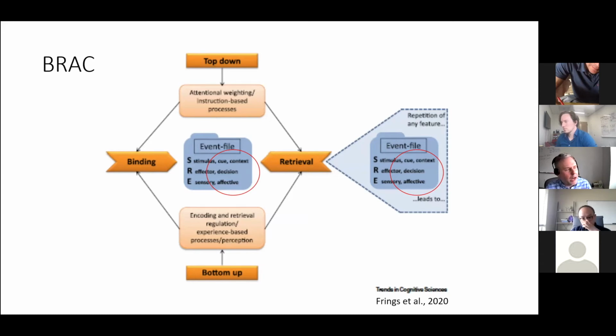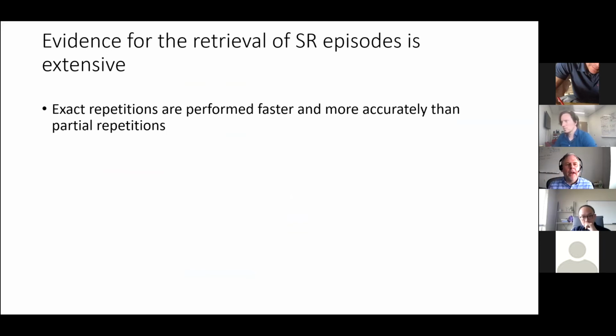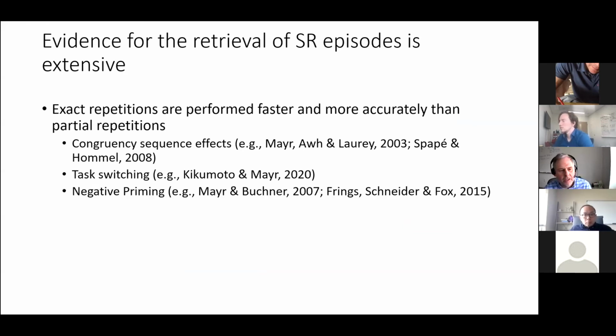And I'm going to be talking about this in regard to a very specific experiment. You can see I'm running short of time, so I'm going to go a little bit quickly, but evidence for the retrieval of specific episodes is extensive. You can see it in congruency sequence effects, task switching. In fact, the data that David reviewed by Kikumoto and Mayer talks about event files driving some of these signatures in the EEG signal.